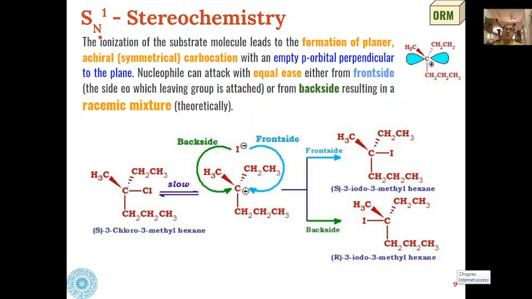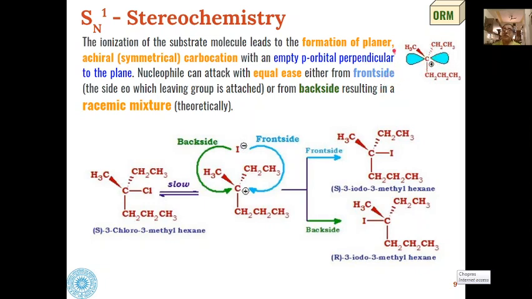In SN2 type of reactions, we have seen there is a complete inversion of configuration in the product. Here, in the rate determining step, we form a carbocation from the substrate, and this carbocation is a planar achiral intermediate, which is symmetrical in nature, where the p orbitals are perpendicular to the plane of the molecule.